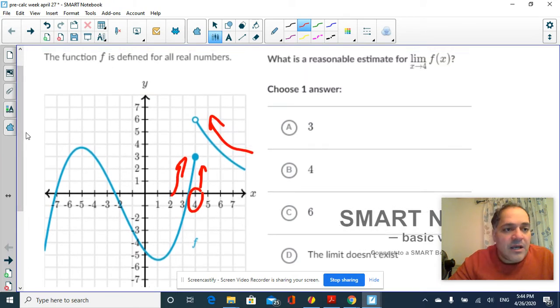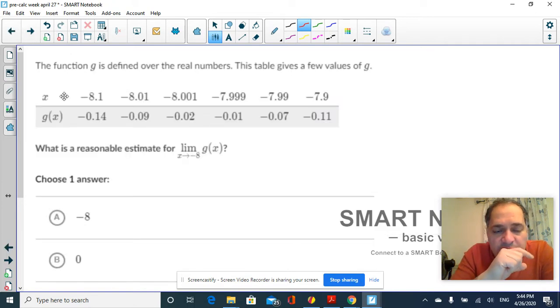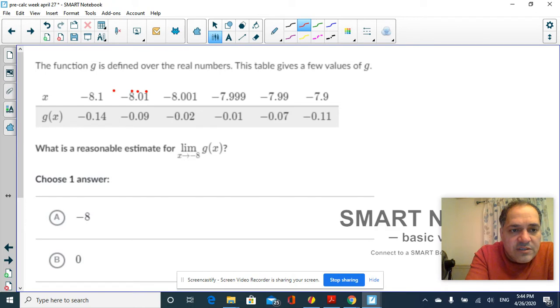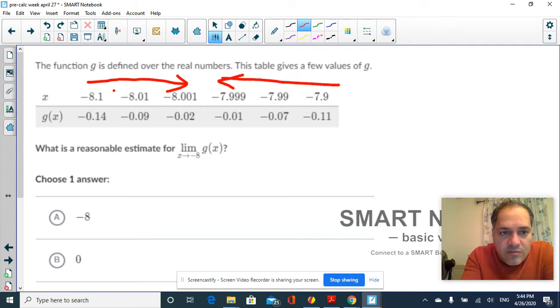Okay, now check the next question. If you look at this function, we have a table, and we look at the function from left and right at x equals negative 8. If you look from the left, it is approaching negative 8, and from the right, also approaching negative 8.